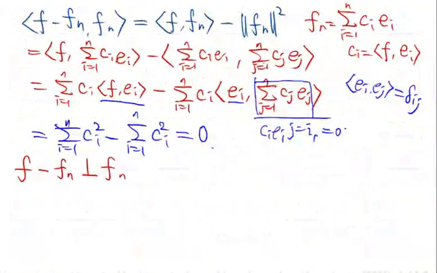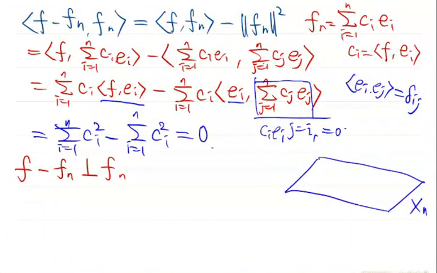Okay, geometrically, this is Xn, this is f, and this is our fn, and this is precisely f subtract fn. It is orthogonal to fn. So our computation justified this intuitive conclusion from geometric consideration.